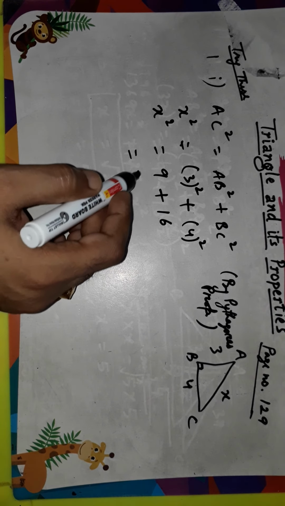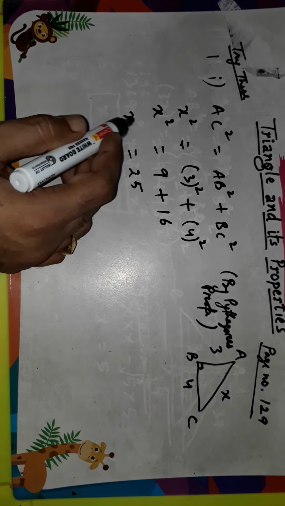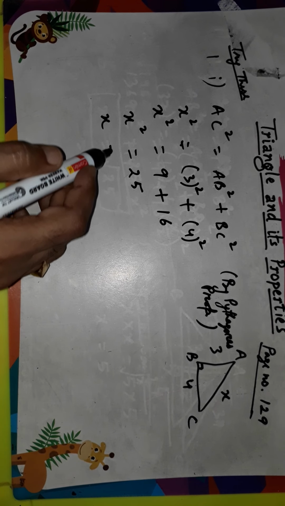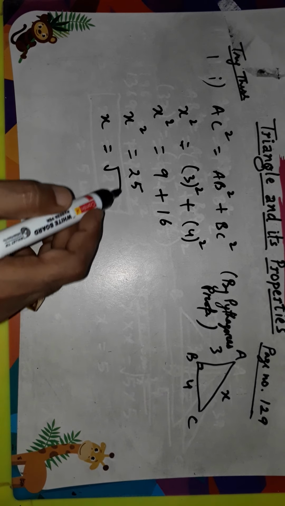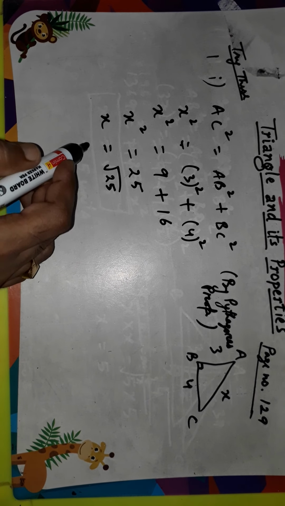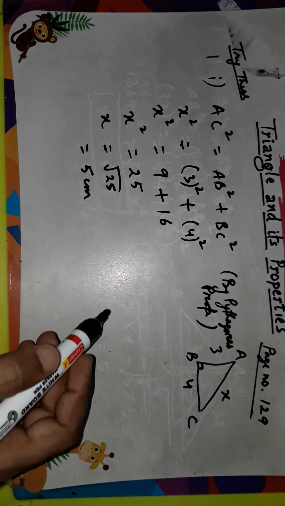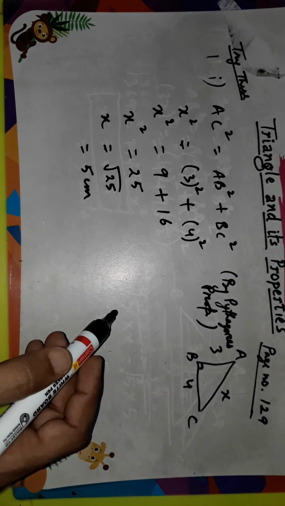When you add these two you get 25. So x square is equal to 25, so x will be equal to root 25. We are taking the square root on both sides. In that way the value of this will be 5 centimeter.